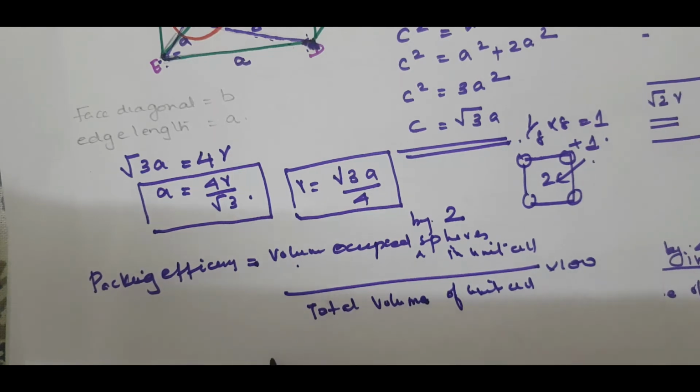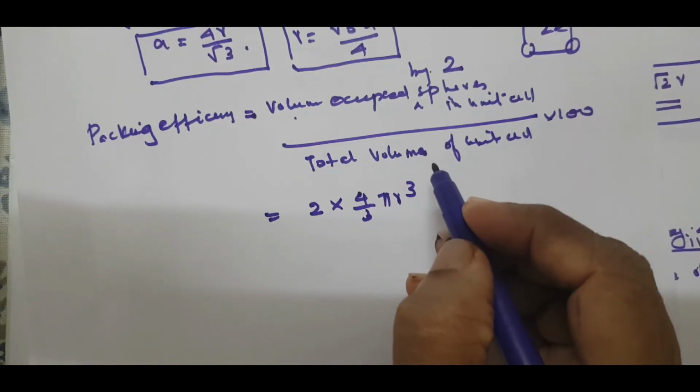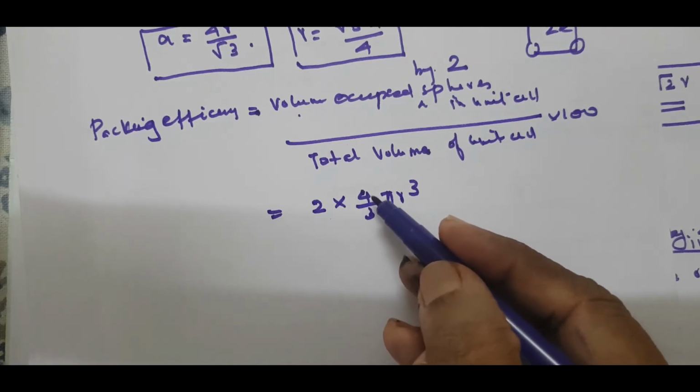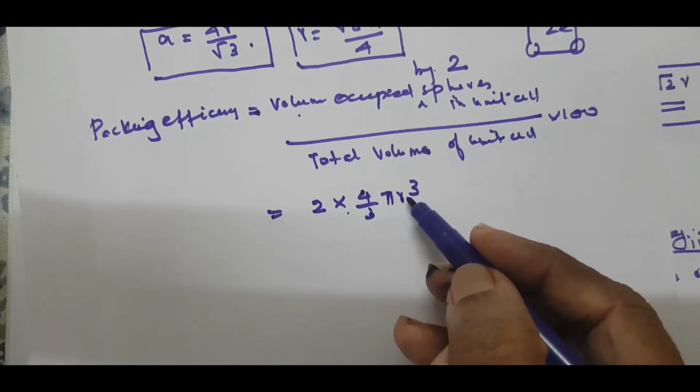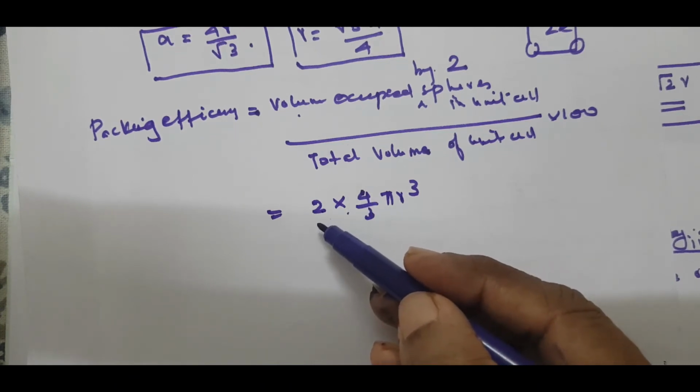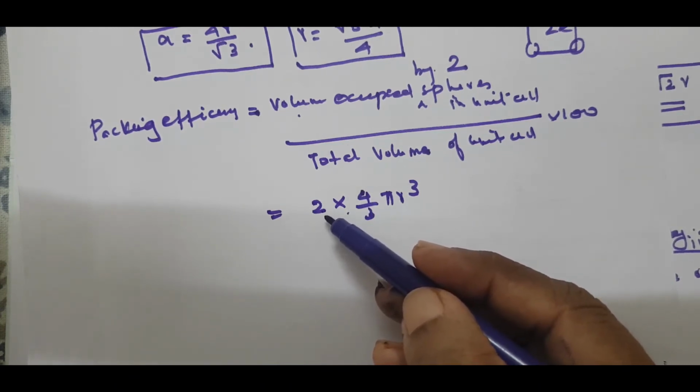Clear? Okay. Now you know the volume occupied by 2 spheres is 2 into 4 by 3 pi r cube, because the volume of a sphere is 4 by 3 pi r cube. In CCP, it will be 4 into 4 by 3, because it is an FCC lattice, so you consider it as 4 spheres.